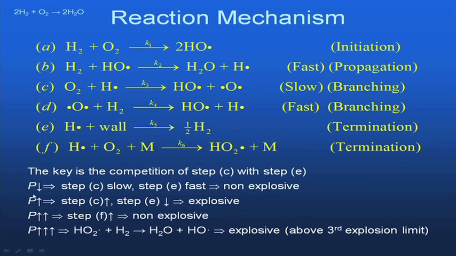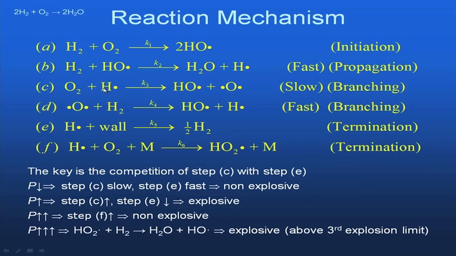Now, when P is reducing, that is under low pressure condition, step C is slow and step E is fast. Under low pressure condition, these oxygen molecules are rarefied, maybe some inert gas is present, or if pressure is low, these gas molecules are rarefied.